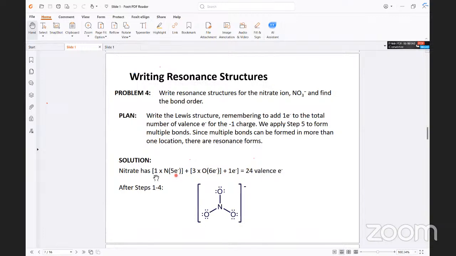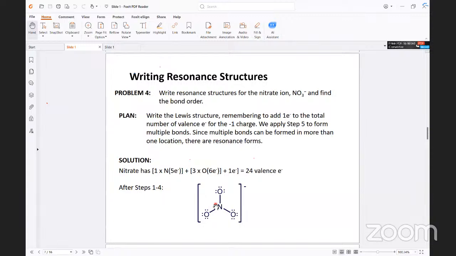Nitrogen has 5 electrons, so times 1. Oxygen has 6 electrons, times 3. Then, being that it is a nitrate ion with a charge of -1, you add that 1, making a total of 24 electrons.